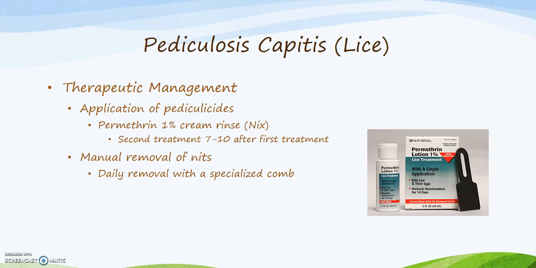And how this works is it's applied one time, the first time as a cream rinse after shampooing the hair, and then it recurs. We give a second treatment 7 to 10 days after the first treatment. So it's a two-step treatment. Day one, the cream is applied and rinsed, and then the second time, 7 to 10 days later.